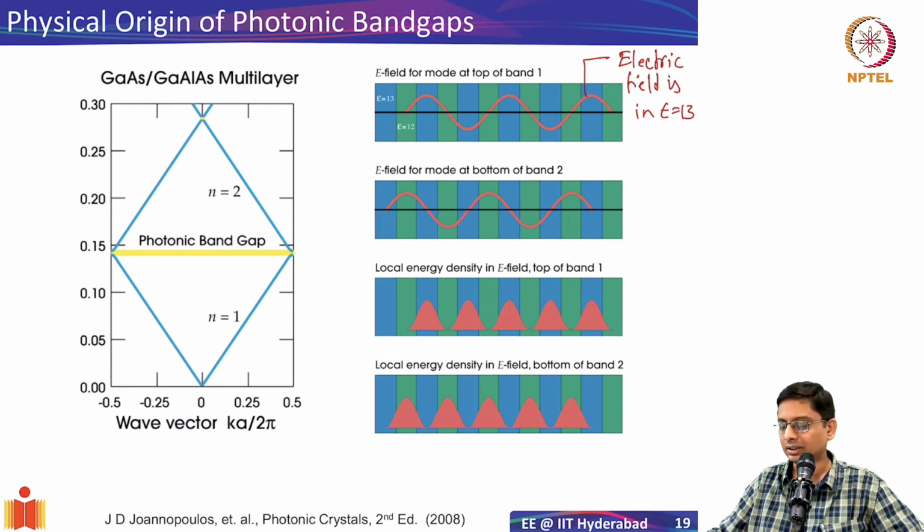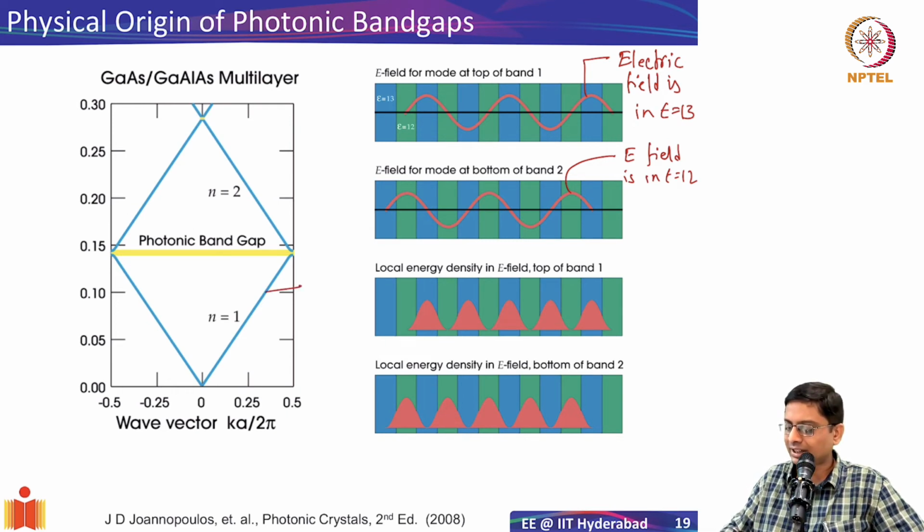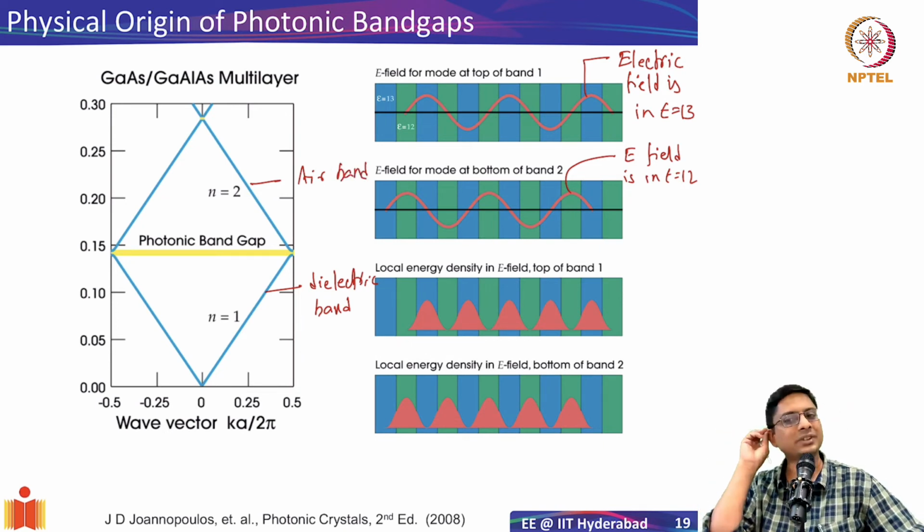Whereas in this case, the E field is in the epsilon equal to 12 medium. So you have these electric fields which are confined in this structure. So that's why we call this a dielectric band usually. Dielectric band. And then the air band. Air in the sense just that it's a lower dielectric constant medium. That's all. Okay. That's the notation we typically follow.